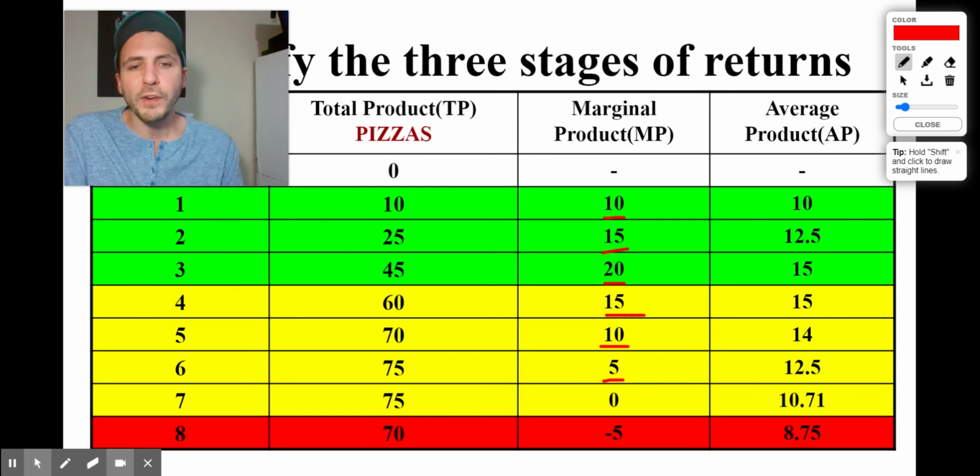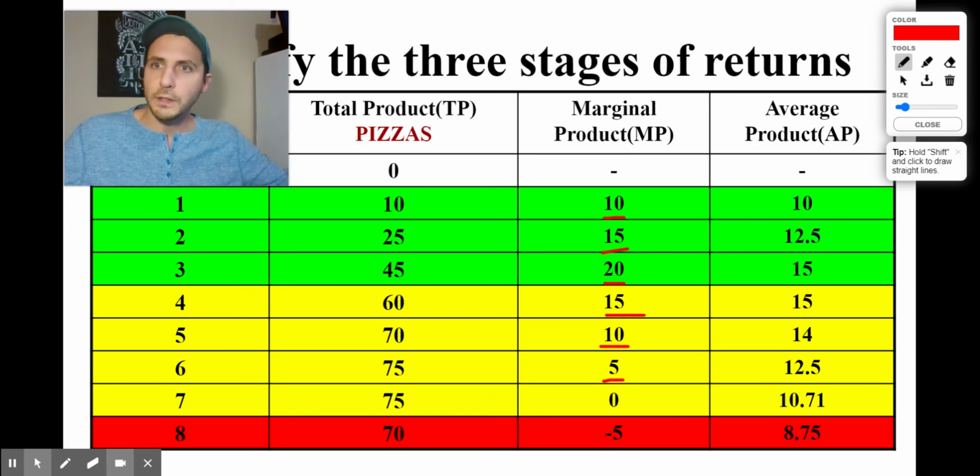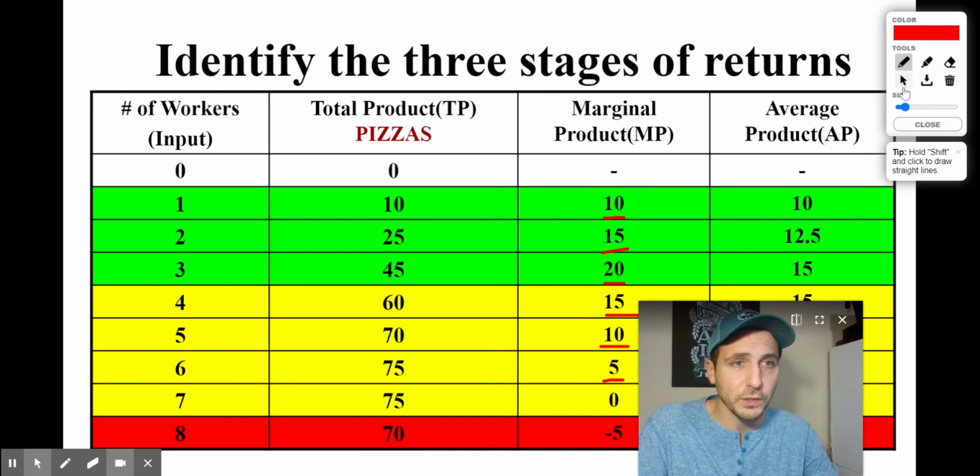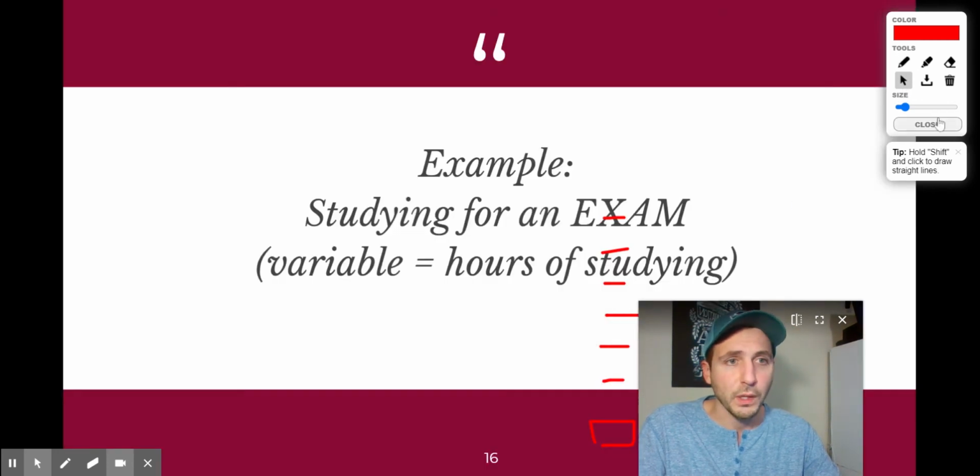Okay. Then finally, we have our negative returns, and that's when our marginal product goes negative, meaning these resources, the eighth worker, for example, is just getting in the way, gumming up the works, making everything terrible. It's all falling apart. You're actually losing productivity as a result. So those are your three stages of returns.